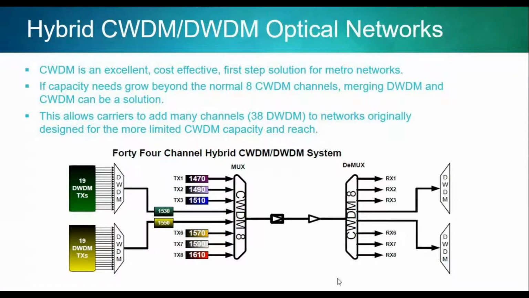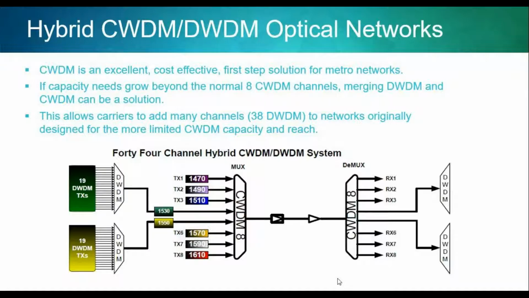And because of that nice filter that has high tolerances of up to, like I said, 15 nanometers, you can really jam pack those 19 wavelengths. So through that CWDM channel, you actually are able to have 19 DWDM signals coming across. So it really has a two level of filtering in there.